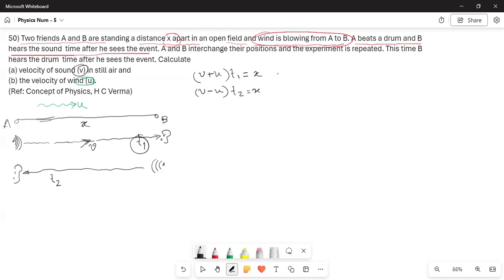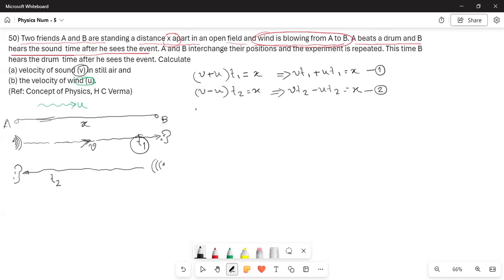So from here we find VT1 plus uT1 is equal to x. And from here we find VT2 minus uT2 is equal to x. Say this is equation 1 and this is equation 2.